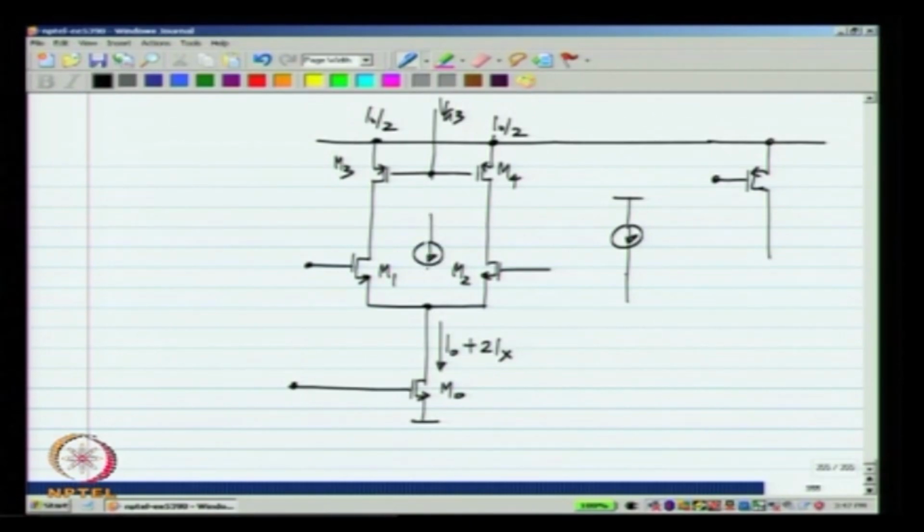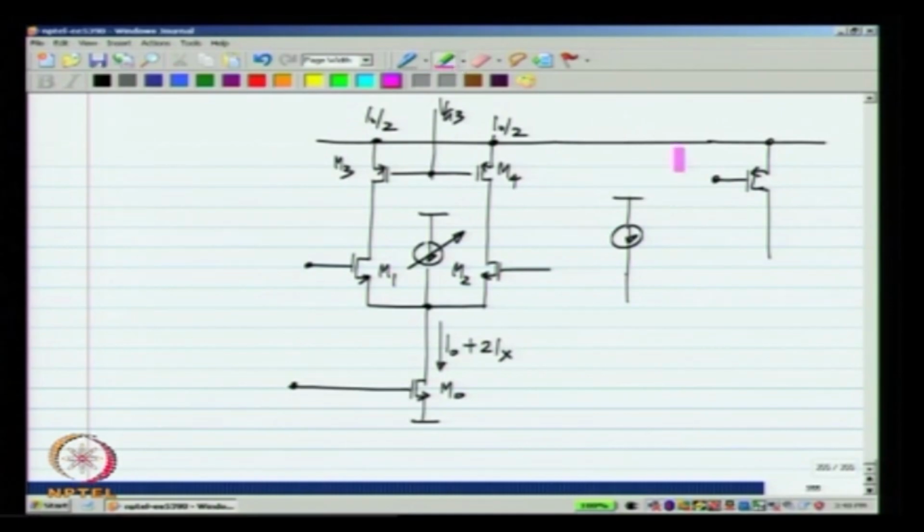Also, when I have a current like this and I want to make it variable, what is the quantity to which it should respond? It is the common mode output of the first stage. Okay. So, we look at the common mode output of a particular stage, and based on that we vary the current until the current satisfies some particular condition. In this case it has to be equal to 2 Ix. More importantly, the currents in M1 and M2 should be exactly equal to I naught.